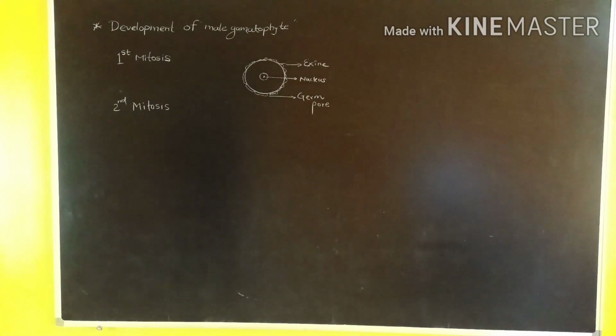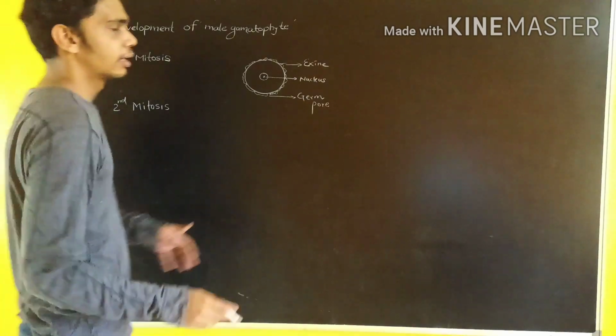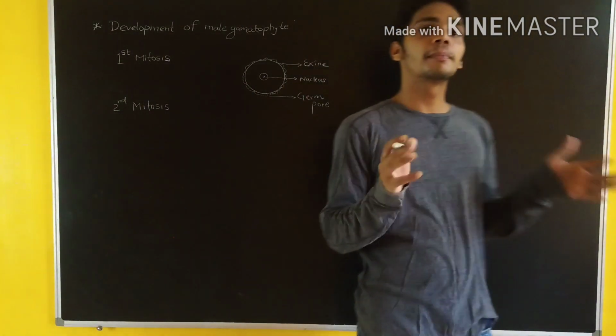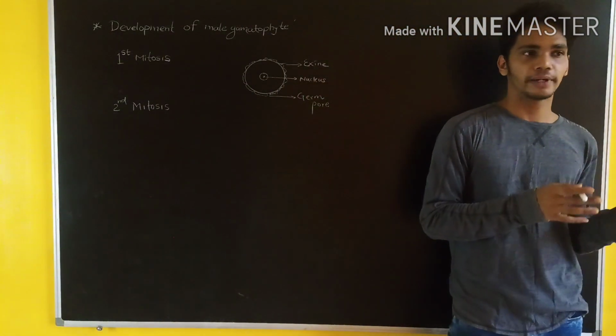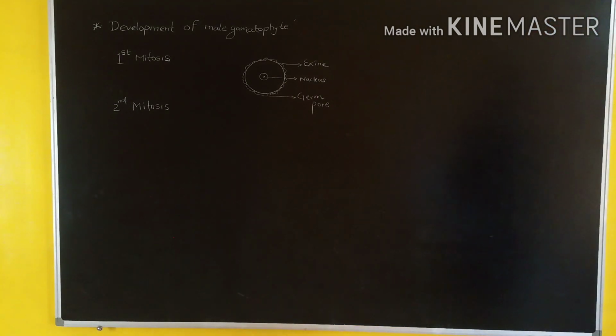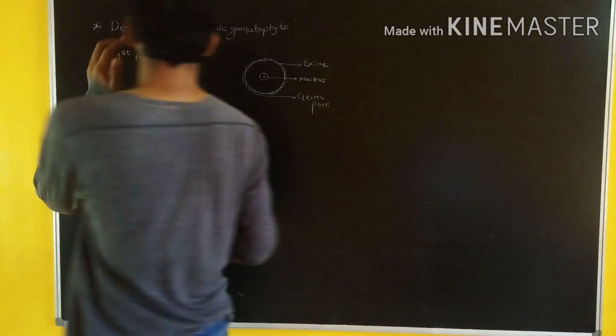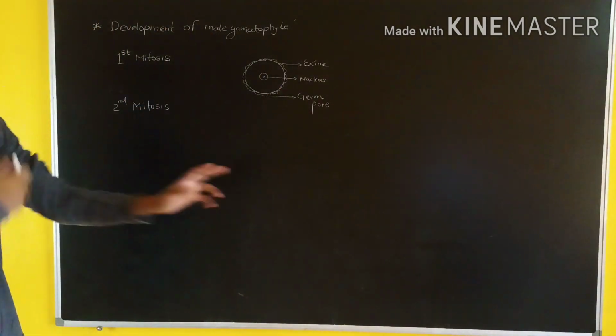Okay, let's talk about the development of the male gametophyte. See, the pollen grain actually marks the beginning of the male gametophyte. Here it undergoes two mitotic divisions.